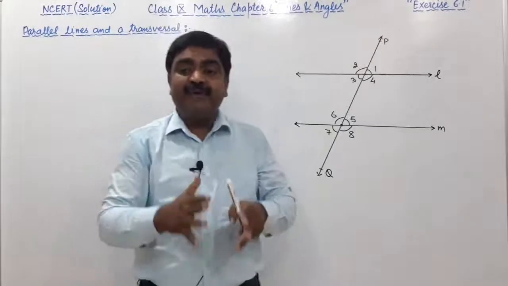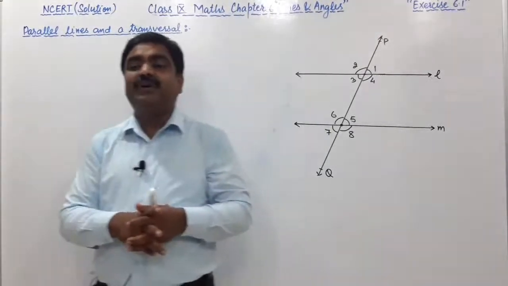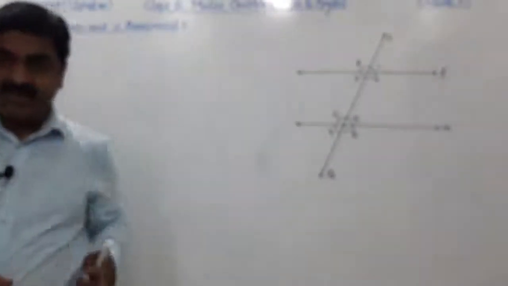Now the facts we are going to study, what are they? The results, these things we are going to read which are very important to you all. First, alternate interior angles are equal. First result is alternate interior angles are equal.